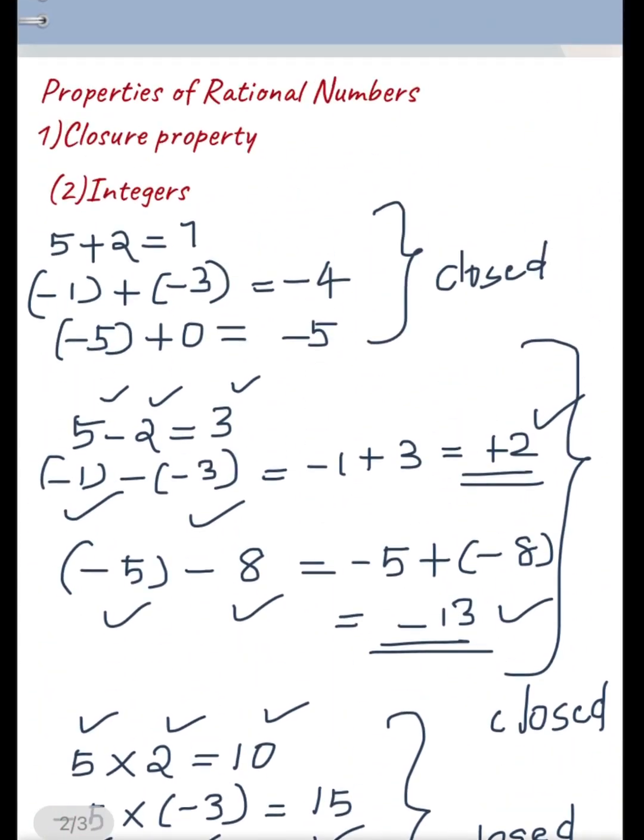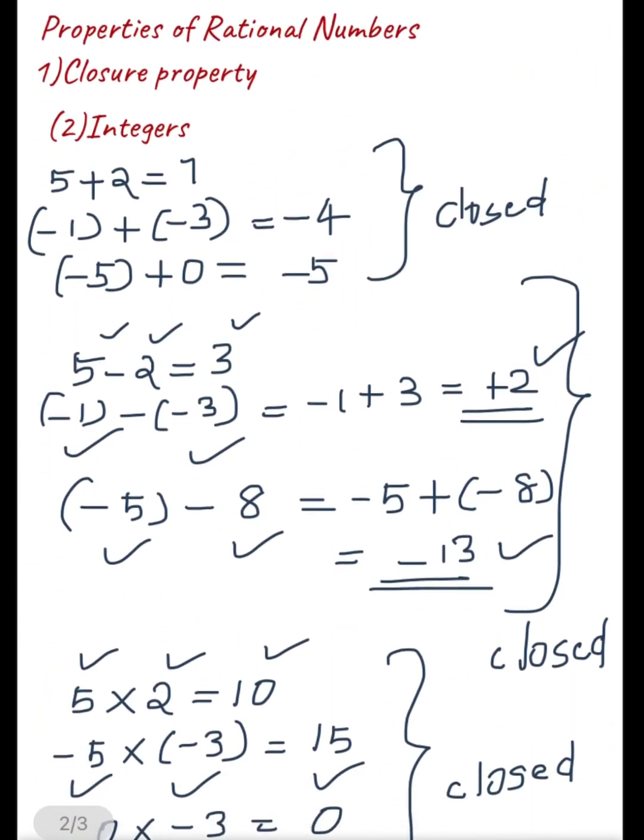That is, in the case of the closure property for whole numbers and integers, the only thing you have to do is, in the case of whole numbers, take any two whole numbers and add, subtract, multiply or divide them. If the answer is again a whole number, then you can say that whole numbers are closed under that operation.